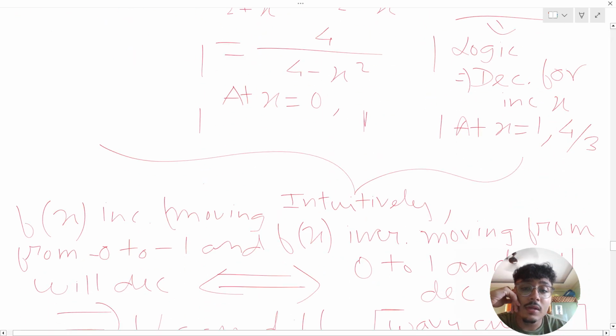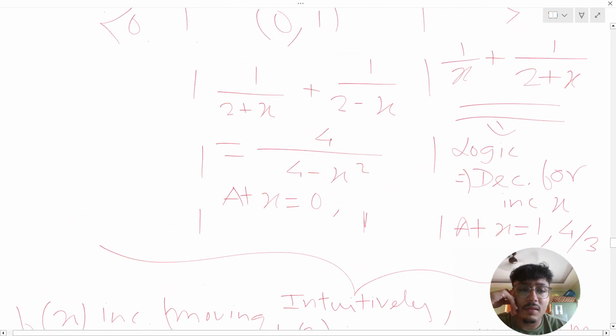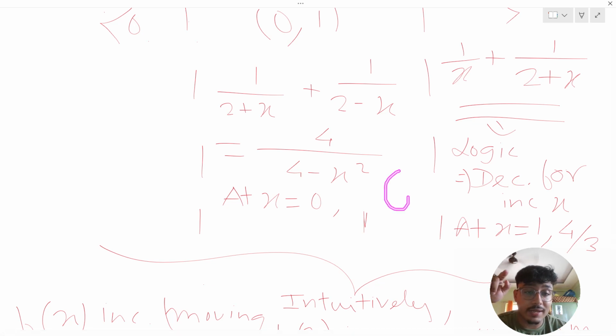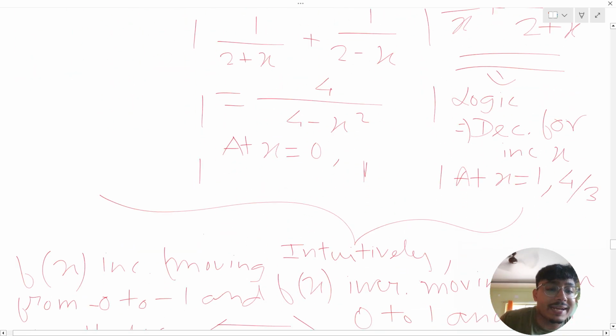So now what I can see, I'm going to take very nominal values. I have taken 0 here, and now I'm going to take 1 here. See, if I put 1 here, what am I getting? The total value of this function becomes 4 by 3, and here it is 1. So 1 and 4 by 3. Now what we can see, here the value is less, here the value is more.